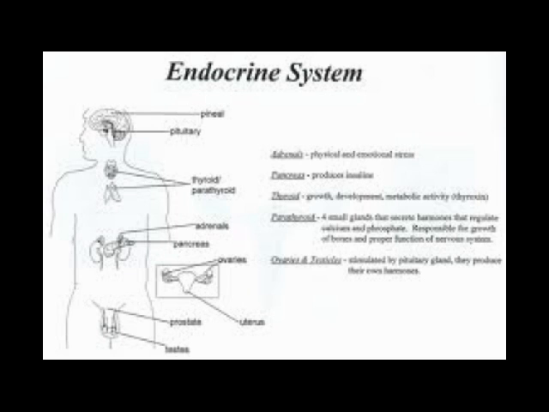Thyroid stimulating hormone stimulates the thyroid to release hormones. We have a couple of them: T3, T4, and calcitonin. Therefore, the thyroid gland is now going to release its T3, T4, and calcitonin, depending on what the needs are.